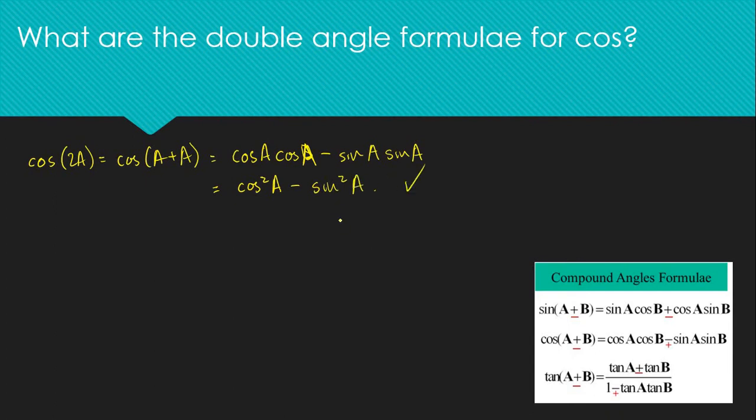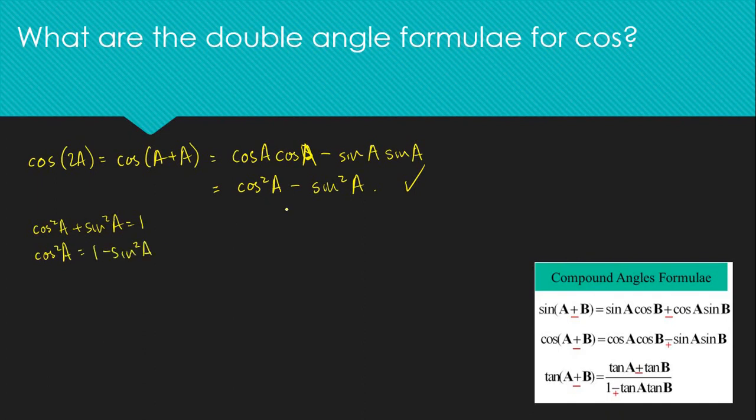Now that there is one of the double angle formulas for cos, but actually cos has got 3 double angle formulas. Okay, remember from year 1, you should know that cos squared a plus sine squared a is equal to 1. And so therefore cos squared a is equal to 1 minus sine squared a.